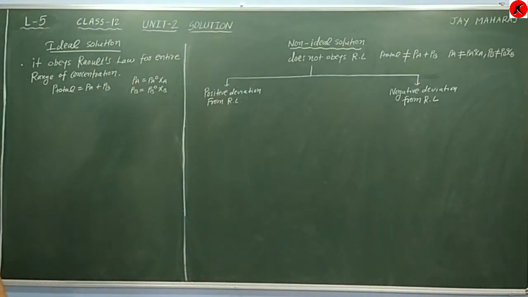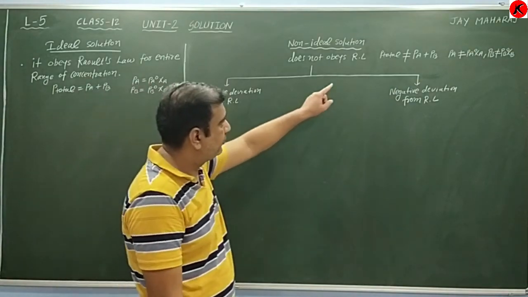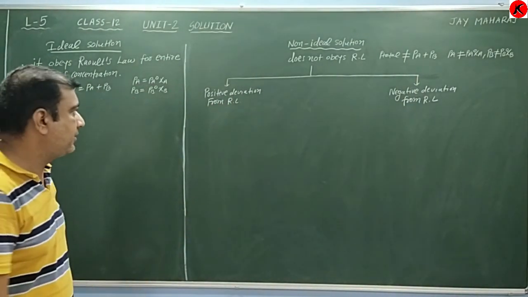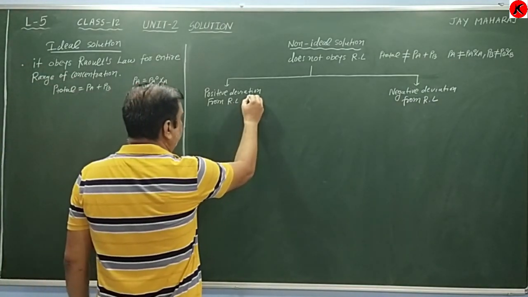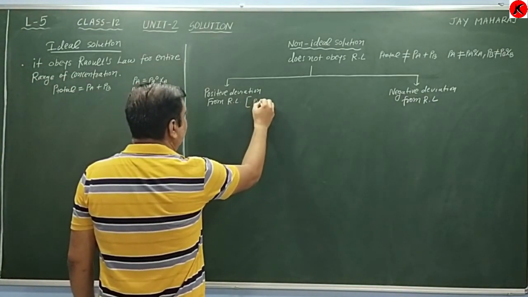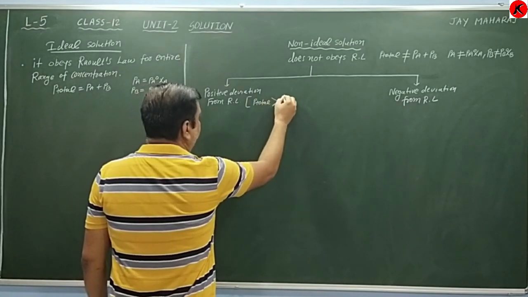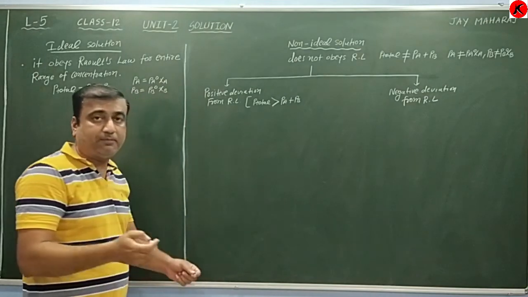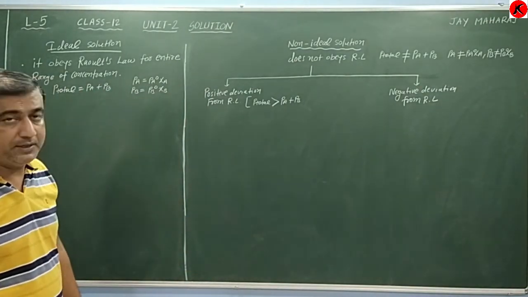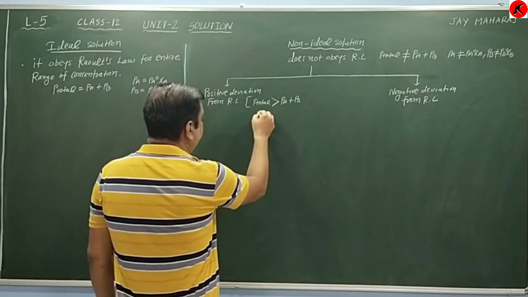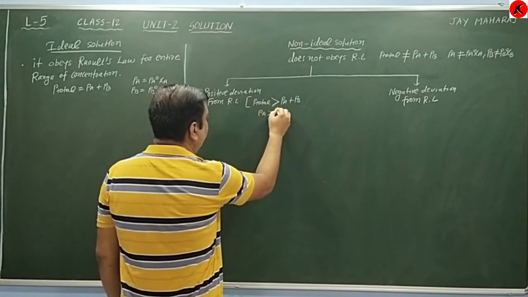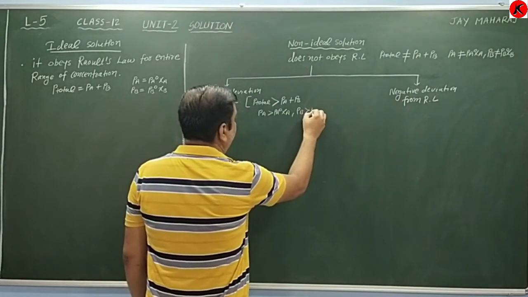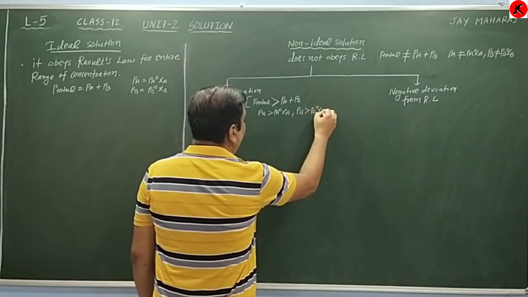Positive deviation from Raoult's law means P total is not equal to PA plus PB, and the possibility is P total will be greater than PA plus PB. So when P total becomes greater than PA plus PB, obviously PA is greater than PA0 XA and PB is greater than PB0 XB.